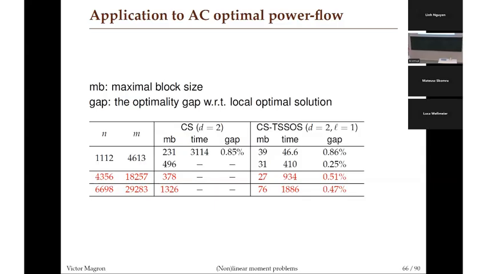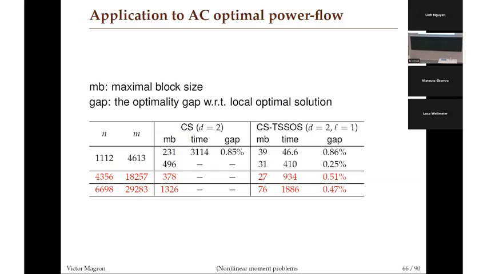That's crazy. We have thousands of variables, tens of thousands of constraints. But correlative sparsity is not that bad because it leads to SDP blocks with size 200 or 500 for the first two problems, and basically around 1,000 for the last problem.